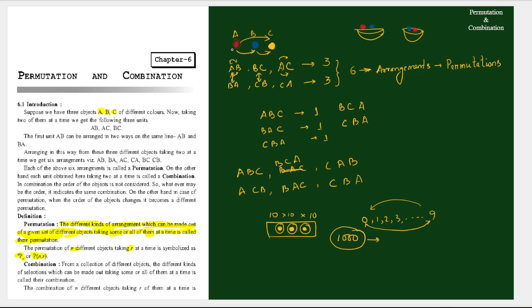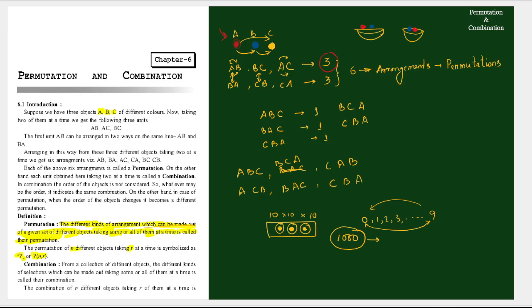So for this scenario, our combination will be how much? 3. Our combination will be 3. We will have 3 types of scenario, 3 colors, 3 combinations. The first one will be red and blue, the next one will be blue and yellow, and the third one will be yellow and red.